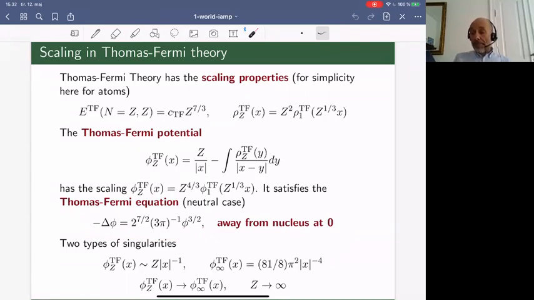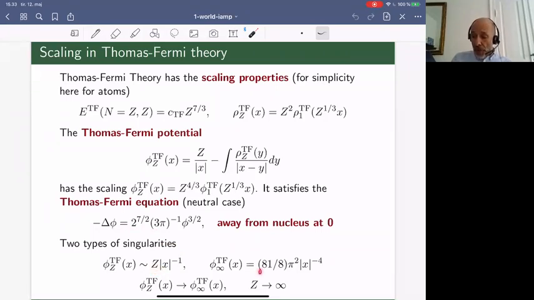But away from the nucleus, it satisfies this. If I, however, ask the question, what type of singularity can a solution to this equation have at x equal to 0? Then there are two types of singularities. There's the Coulomb singularity, z x to the -1, where z is a parameter. It's the nuclear charge, but there's a family of singularities parameterized by a constant z.